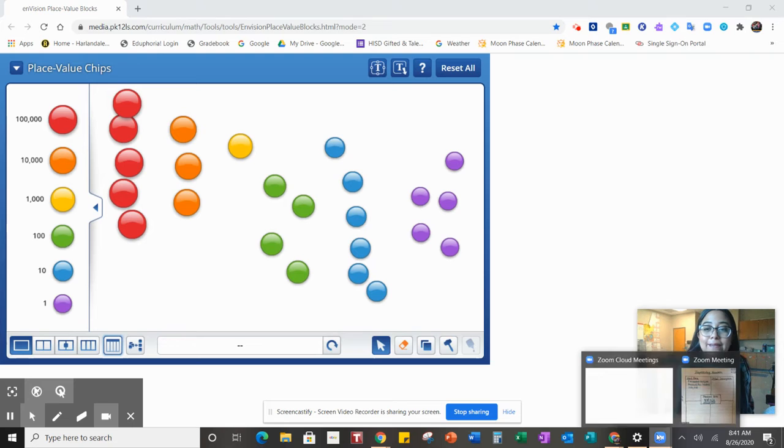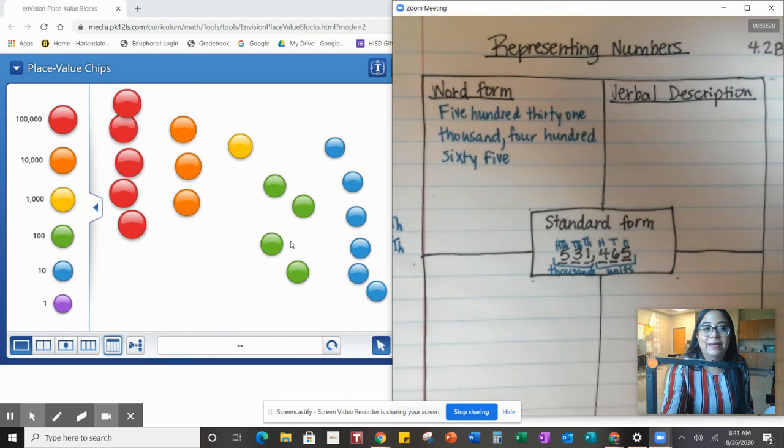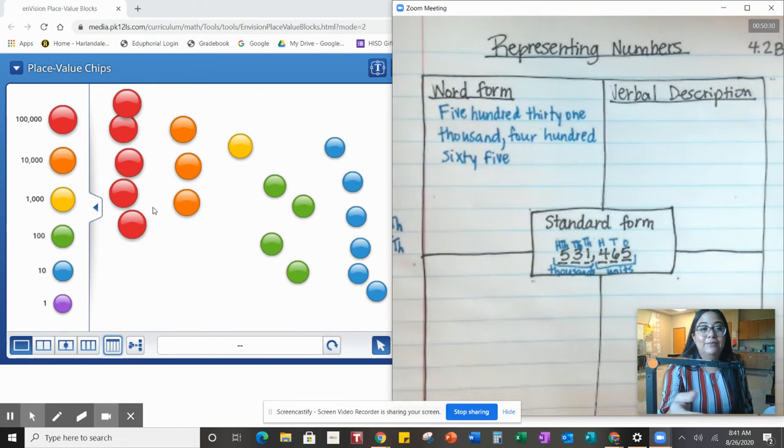Okay, it's not letting me show both screens at the same time like I wanted to, with the place value chart, but I can do it just by looking at the numbers.